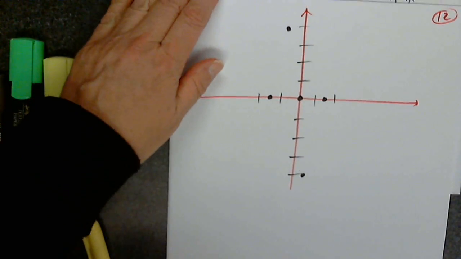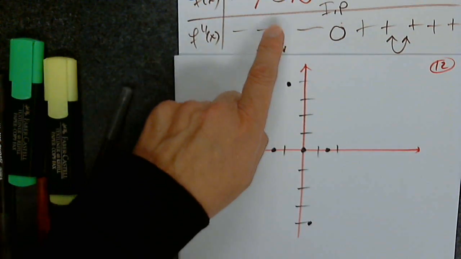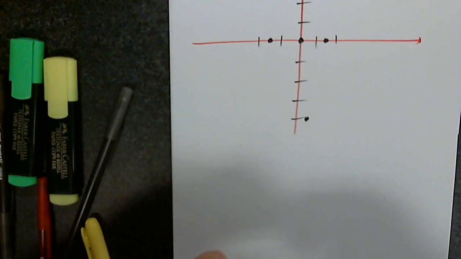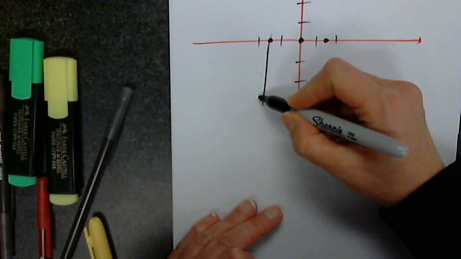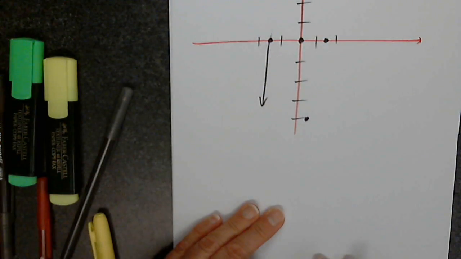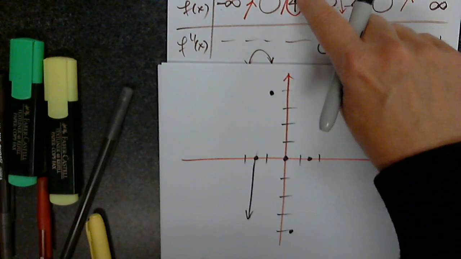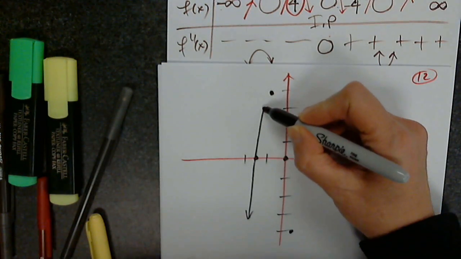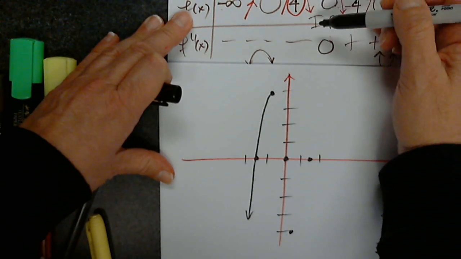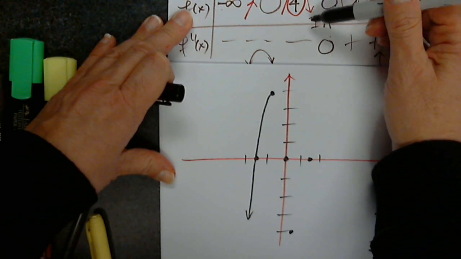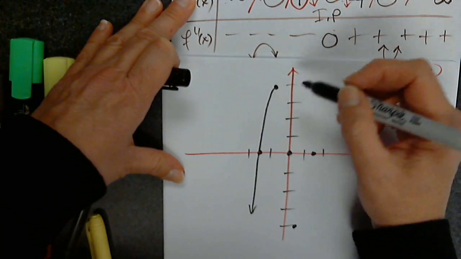So, from negative infinity, opening downward, it is increasing to this point. It continues to increase to the local max of negative 1, 4. Because it's a local maximum, it starts coming down, still opening downward, but decreasing to 0, 0.